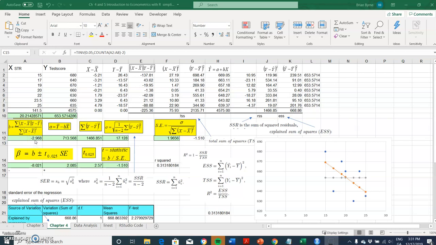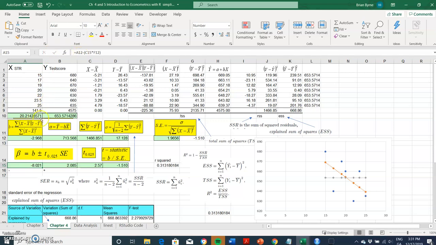To investigate whether our beta here is statistically significant from 0, one of the relationships we can explore is to construct a confidence interval where we take the negative 2.968, then plus or minus, and develop a critical t-value with 95% confidence, and then multiply that by the relevant standard error. So for instance, we take the beta.